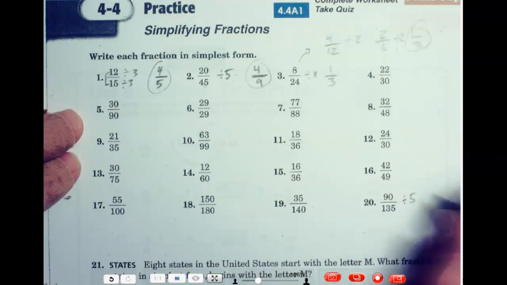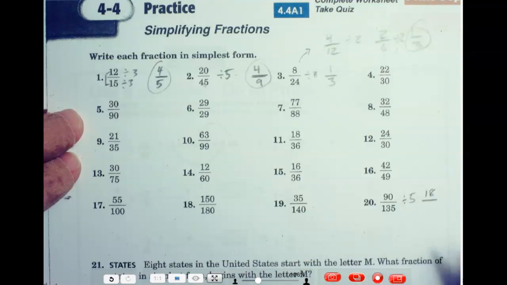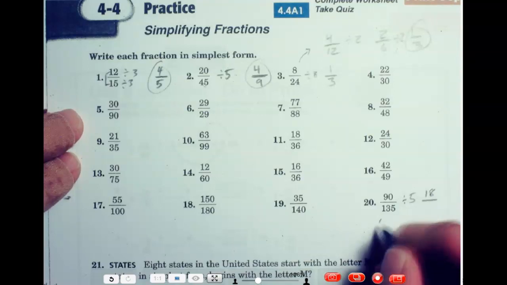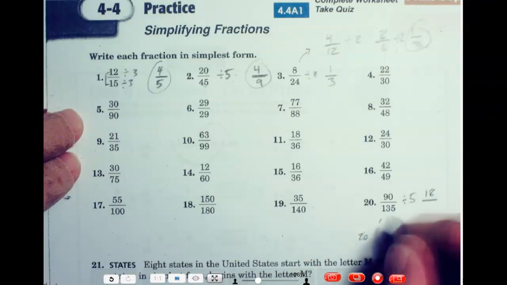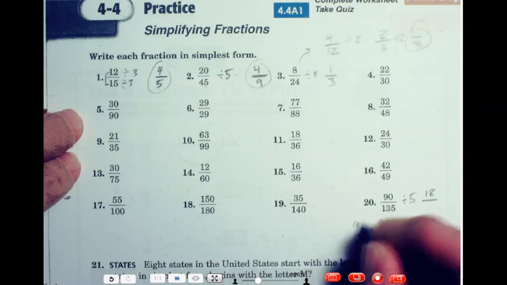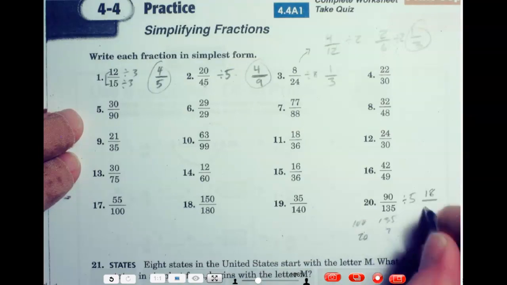So 90 divided by 5. 90 divided by 10 would be 9, so 90 divided by 5 is going to be 18. And then 135. Well, 5 goes into 100 20 times. So here's 100, there's 25s. And then you've got 35. 5 goes in there 7 times. So this would be 27.